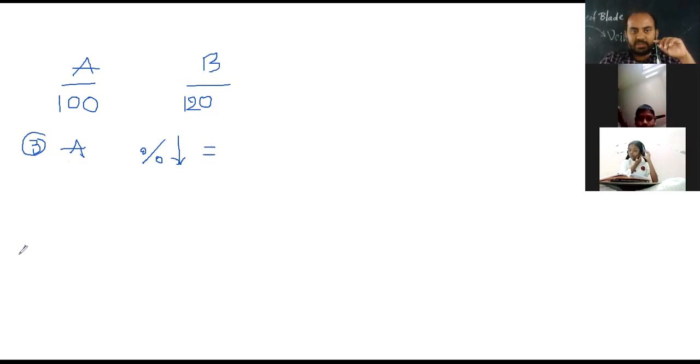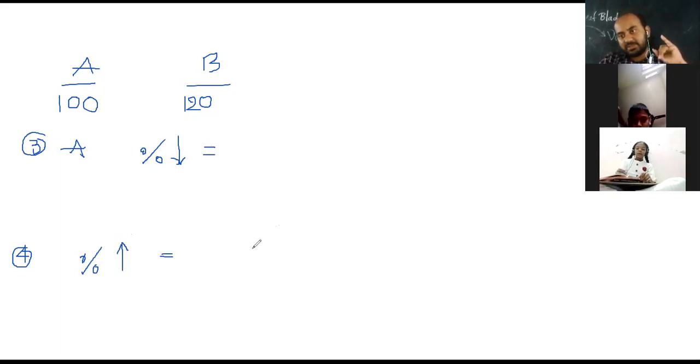And question number 4 is percentage more: B is how much percentage more than A? In that, we have to concentrate on the words, either percentage less or percentage more. We have to focus on only these two words.